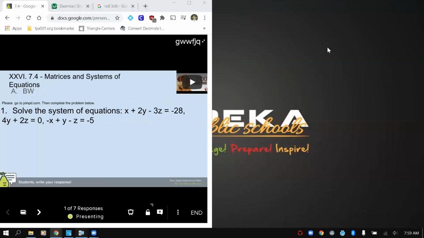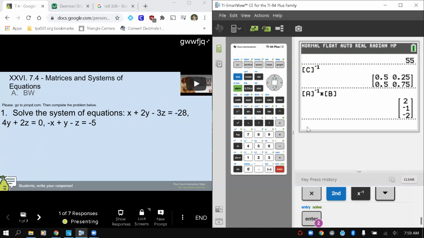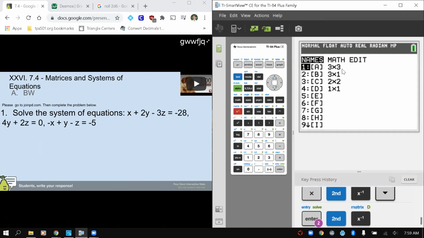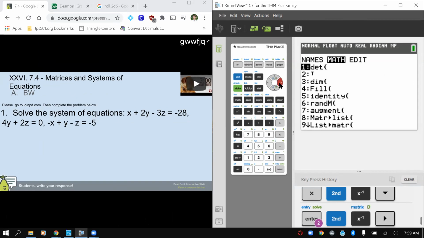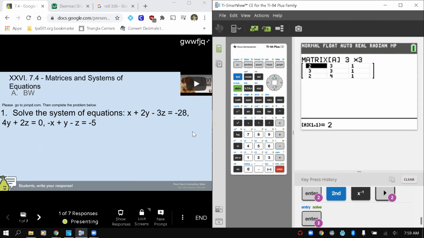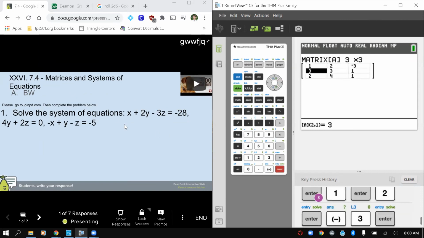So if I stop share really quick, reshare the whole screen, put this up along with the calculator. The easiest way that I would think to do this is to use the inverse matrices rule. So I'm going to go into my matrix. I'm going to redefine matrix A to be a 3 by 3 with coefficients 1, 2, -3. 0 for the second, right?